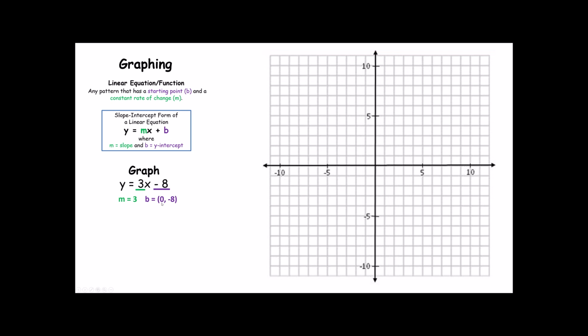If I start off with x being 0 and I have my -8 as my result, that can be shown on a coordinate plane by going to the right or left 0 spaces and going down to -8. Hopefully graphing on a coordinate plane is nothing new to you. Just remember that right and left is our x coordinate.